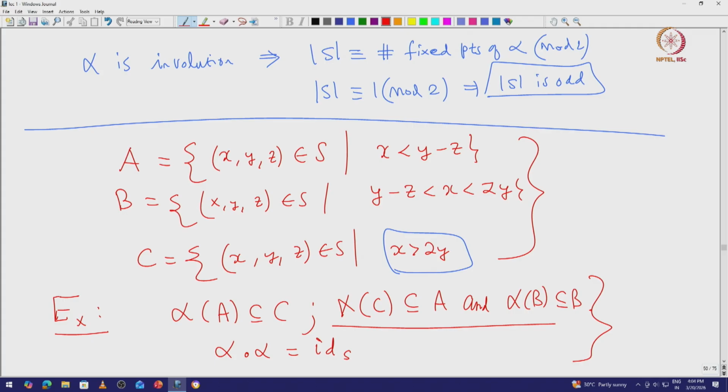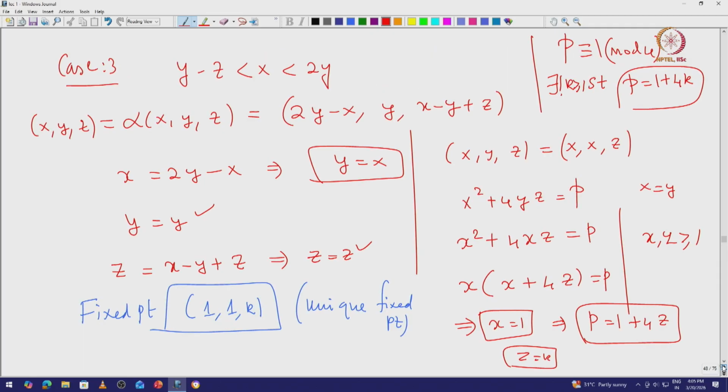Now, once it is an involution, then the number of fixed points will be congruent to the cardinality of S. Since the number of fixed points is 1, that would imply that the cardinality of S is indeed odd. Okay. And that implies that in particular S is non-empty, which we also need to prove in order to prove the important fact.